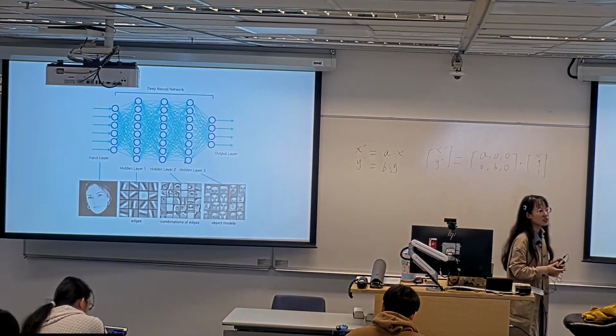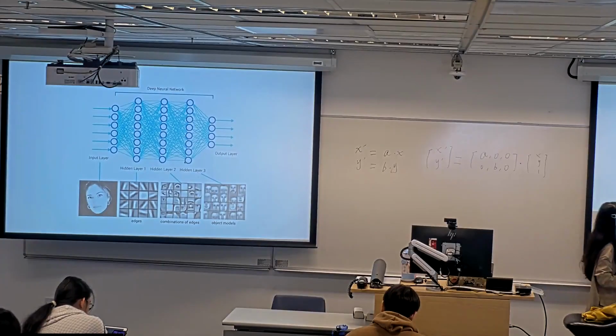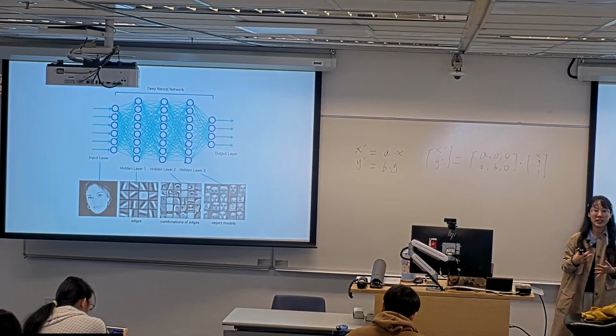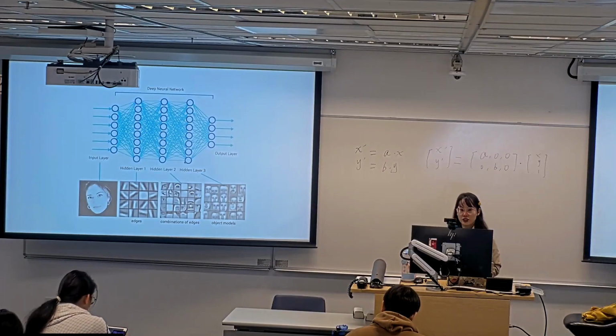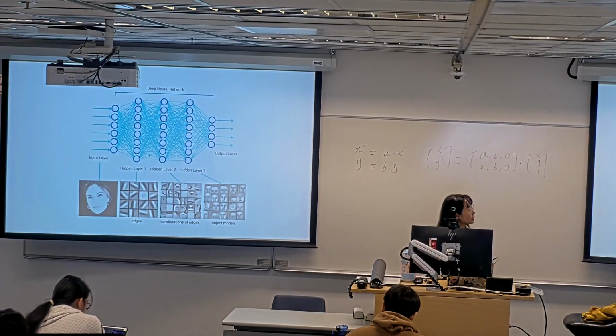Intuitively, you can think that the first hidden layer tries to extract some edge information, the second hidden layer tries to get combinations of the edges, and the third hidden layer tries to get the object models. After we extract enough useful information and features, we can connect to the output layer to do the classification.